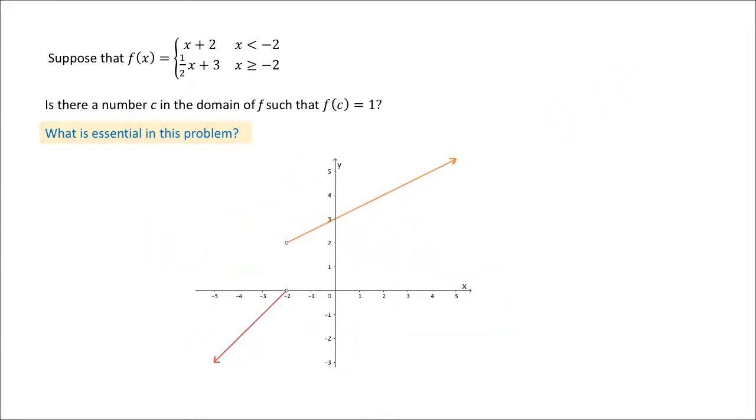That's how it looks. So on the left of -2, this is the graph, the line y equals x plus 2. And on the right of -2, this is the line y equals 1/2 x plus 3. In fact, I made a boo-boo here. This is supposed to be a closed dot because we are including -2 there.